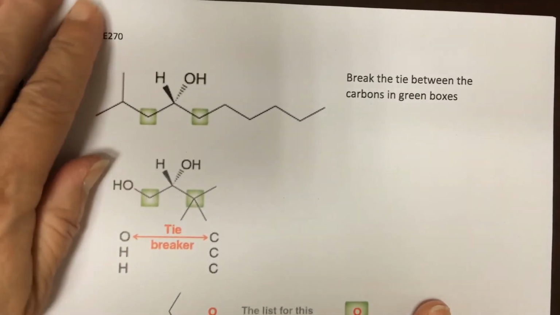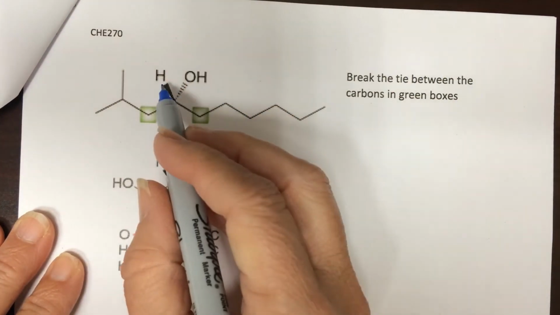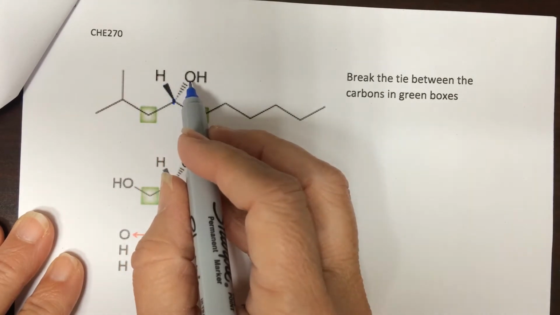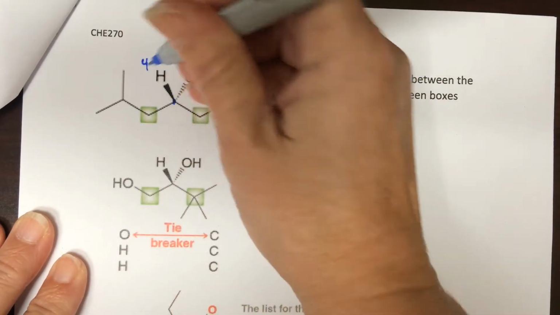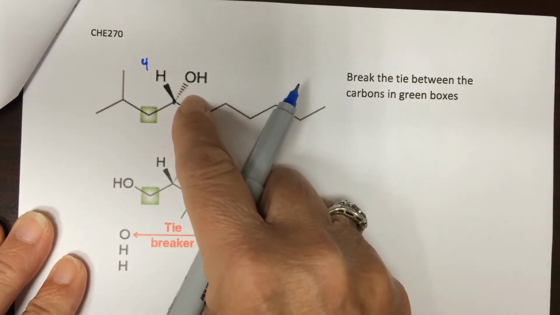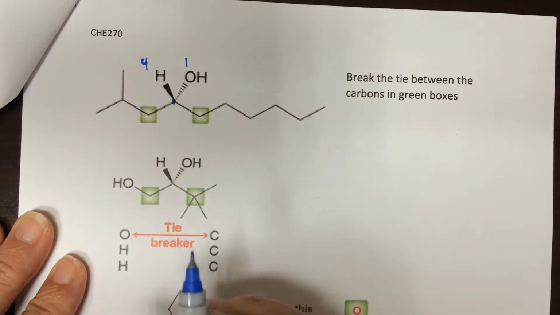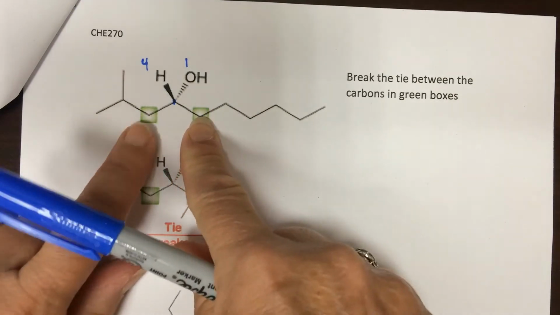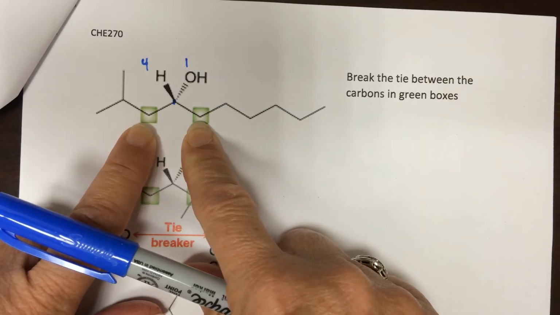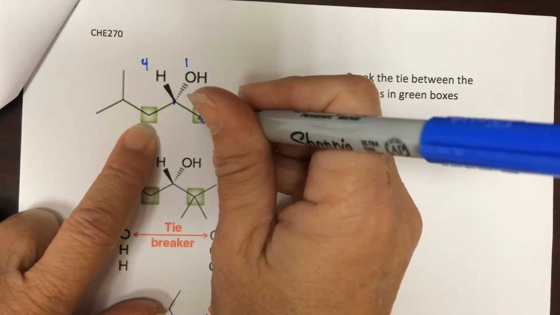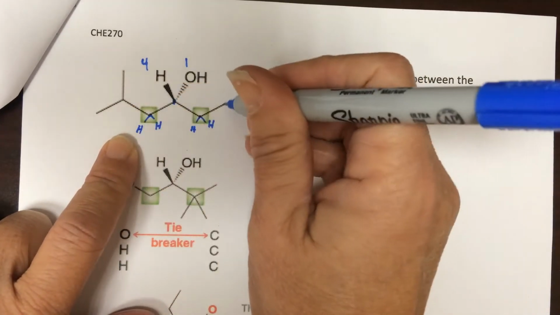Okay, so of course, it's not always that easy. Look at this chiral carbon here. It's got a hydrogen and it's got an oxygen. So the hydrogen is going to be number 4. Pretty sure about that. The oxygen is going to be number 1, and there are both these carbons. But how do we decide which carbon comes first? Well, we look at what else it's attached to. Each of these has 2 hydrogens and 1 carbon.